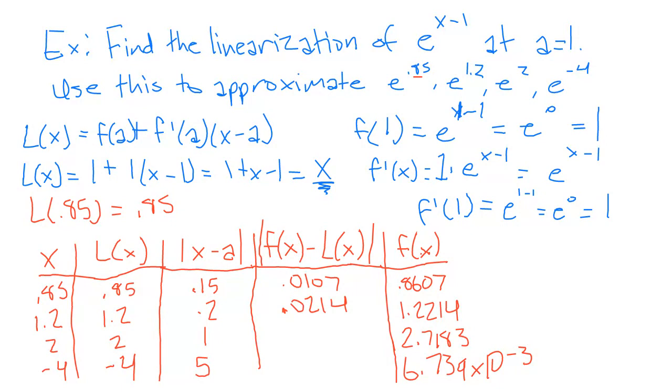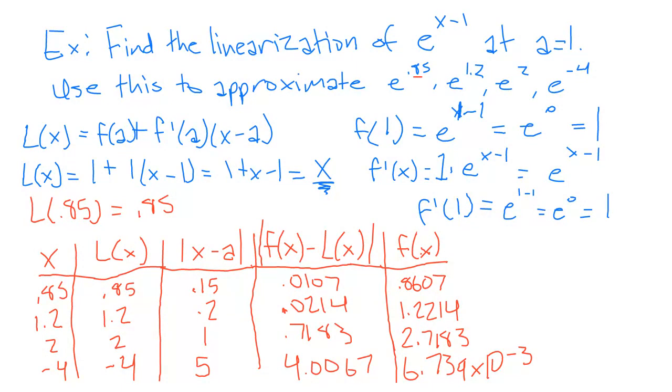For the next one, if we take 2.7183 minus 2, we're going to get 0.7183. And lastly, if we take the difference between our f of x and our L of x, and take the absolute value, we are getting 4.0067.